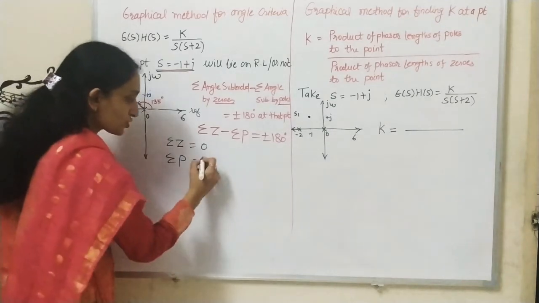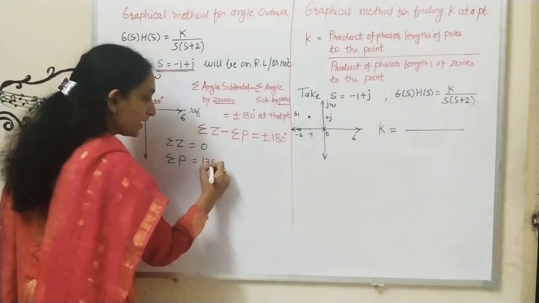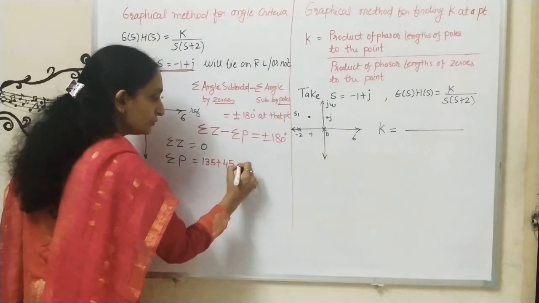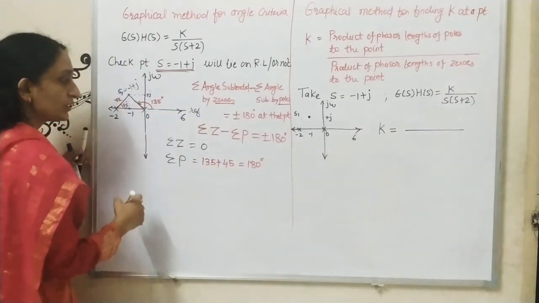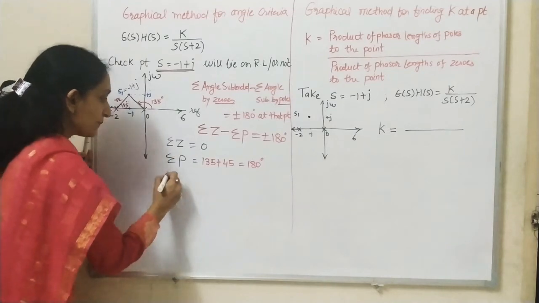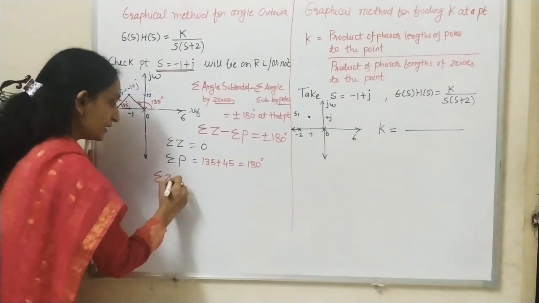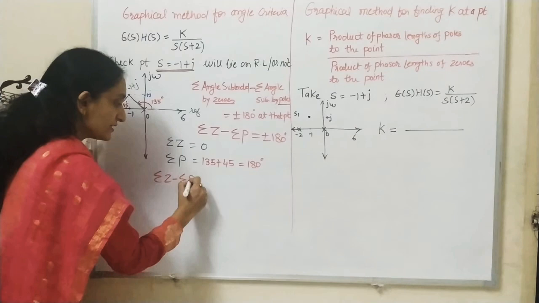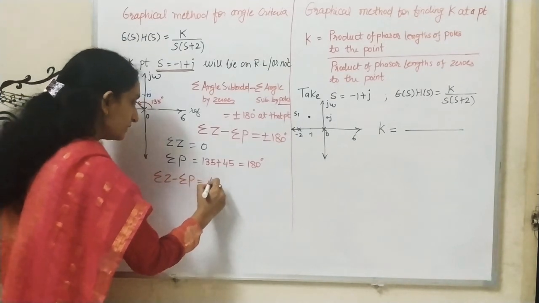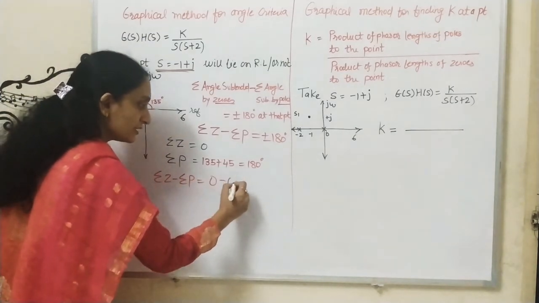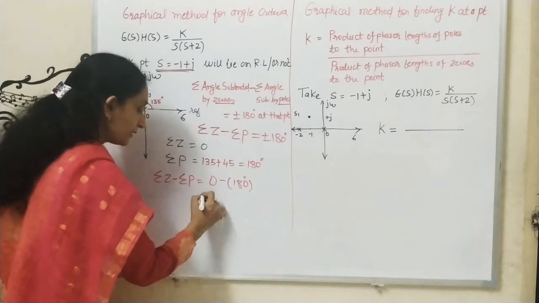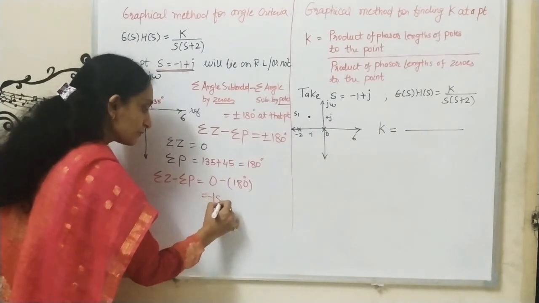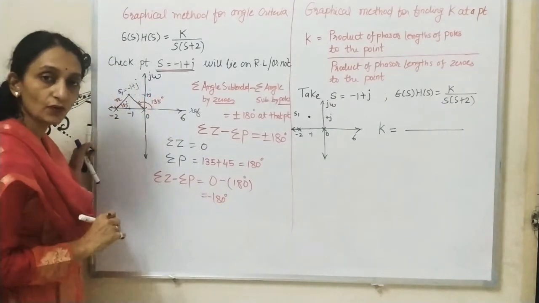So the summation of this is 135 plus 45, which is actually 180 degrees. So I will put in this formula: summation of angle subtended by zeros minus angle subtended by poles. So this will be 0 minus 180 degrees, so I am getting minus 180 degrees.